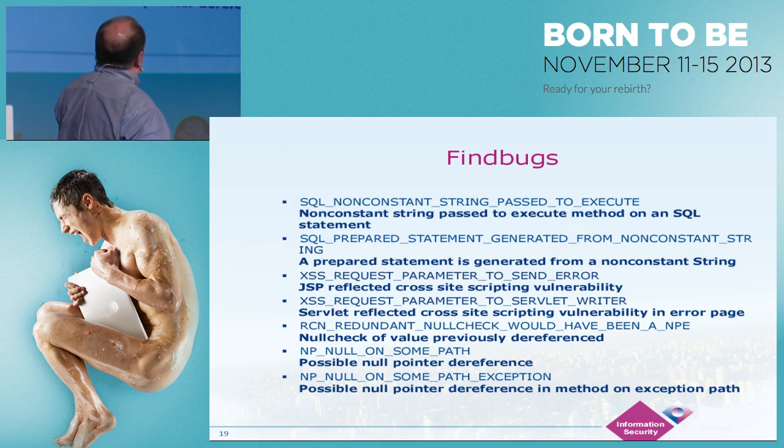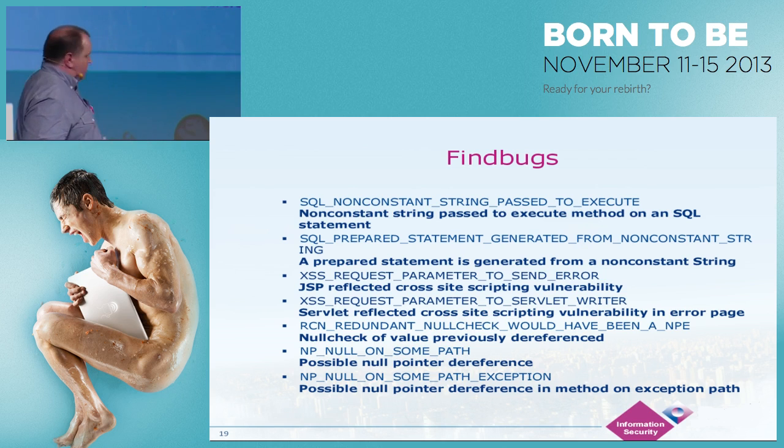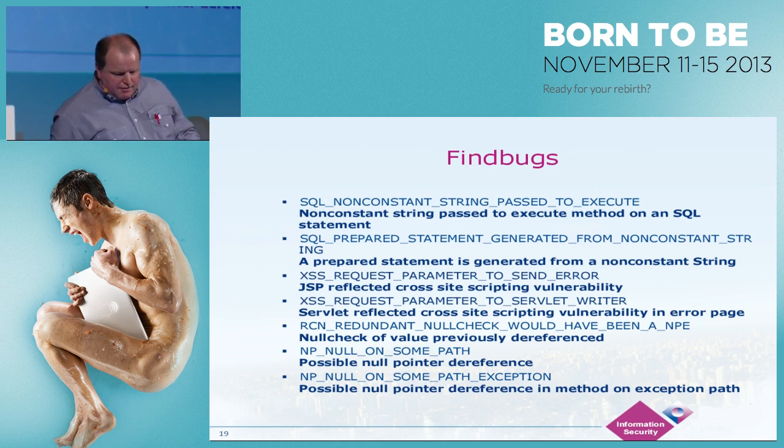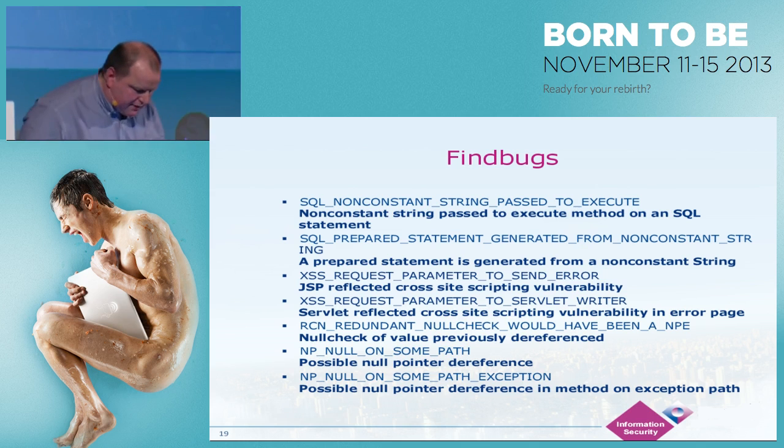Those are obligatory, of course. Those two, SQL: non-constant string passed to execute, SQL prepared statement generated from non-constant string. And then you've got two XSSs, and you have to be very lucky to find them. We've already had some luck that we found cross-site scripting through the static source code analyzer. And then you've got those very strange null pointer issues, which create stack traces.